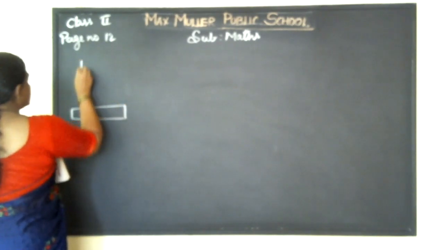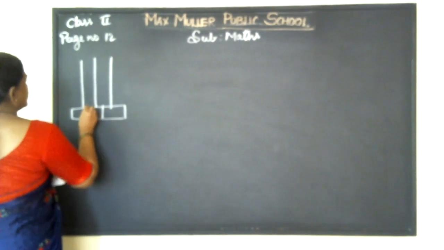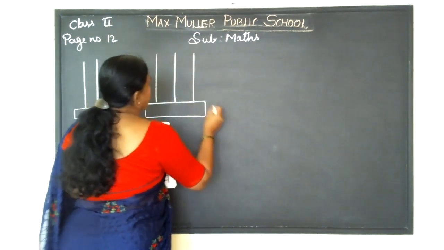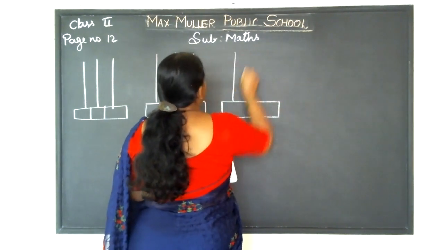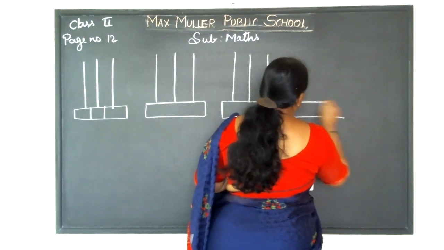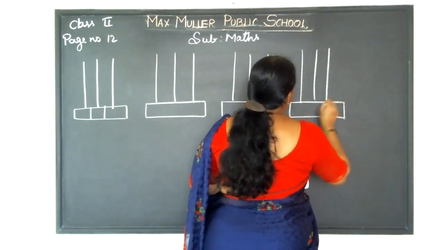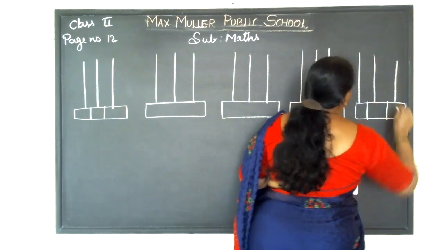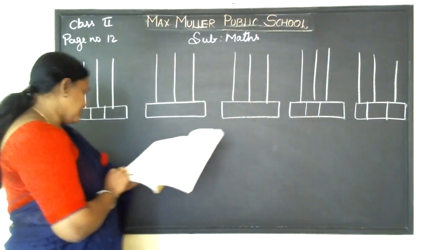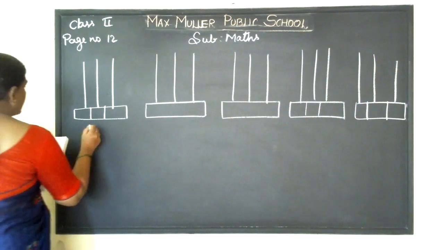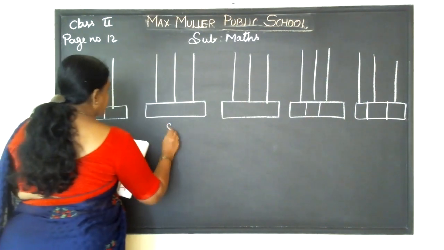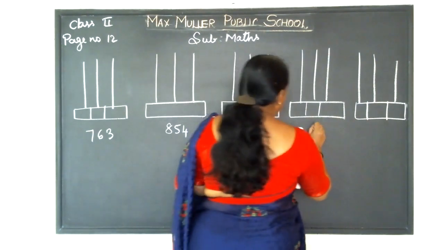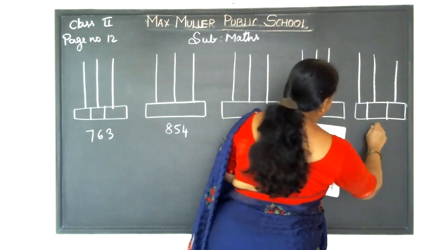Open your textbook. We finished this main already, but once again I will repeat this main. 763, 850, 4, 207, 930, 197.